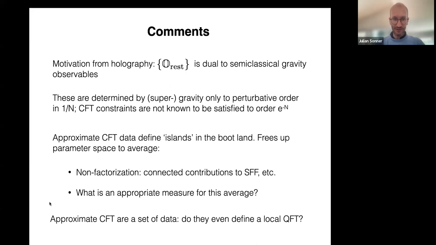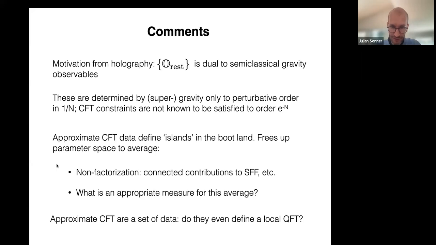But I do want to say, as an interesting point that deserves more thought, that approximate CFTs are just a set of data. So yes, we have characterized them a little bit, but one can ask questions like, do they even define a local quantum field theory? Because we haven't started out with any principle that would define that.